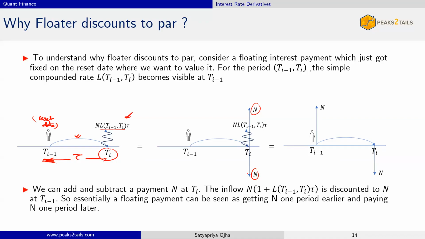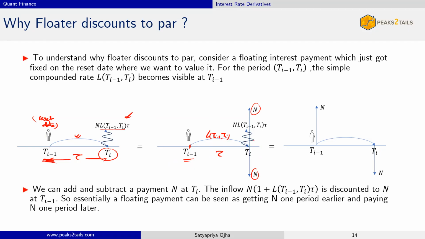All right. Now look at this. If you're standing here on that day, you're seeing this rate L(T_{i-1}, T_i). This would be your spot rate, standing at T_{i-1}, applicable for a maturity tau. Agree? That's known. Other things are not known, but this much I know.